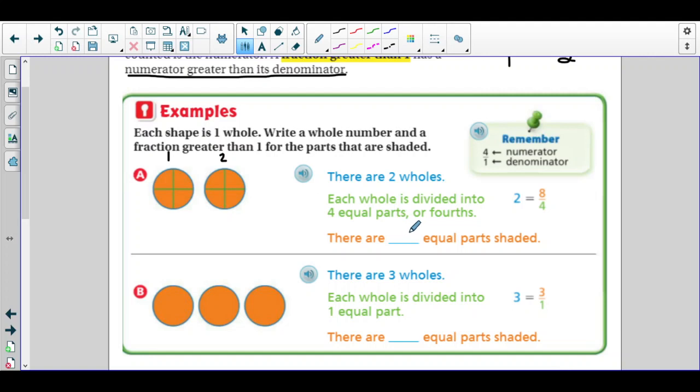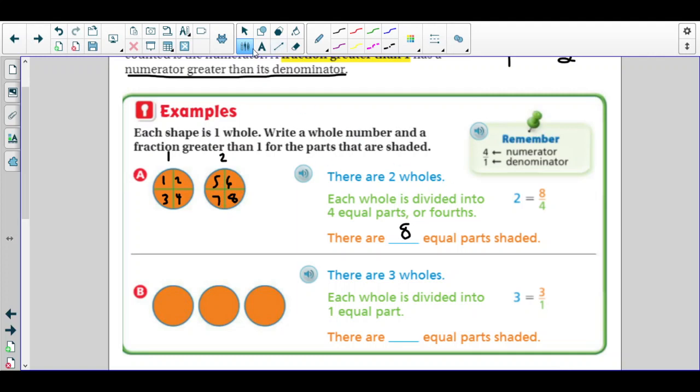So there are 8 equally shaded parts. 1, 2, 3, 4, 5, 6, 7, 8.